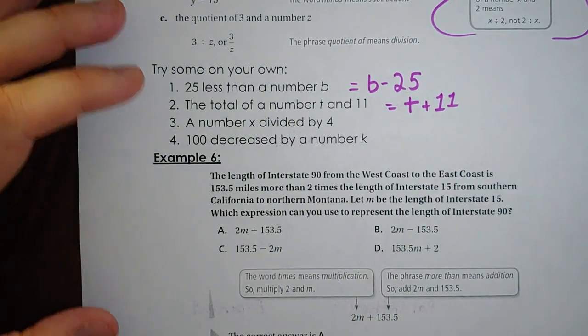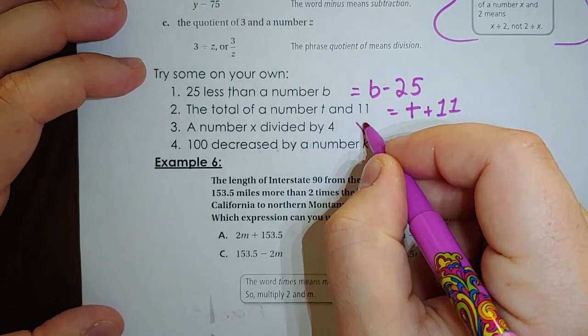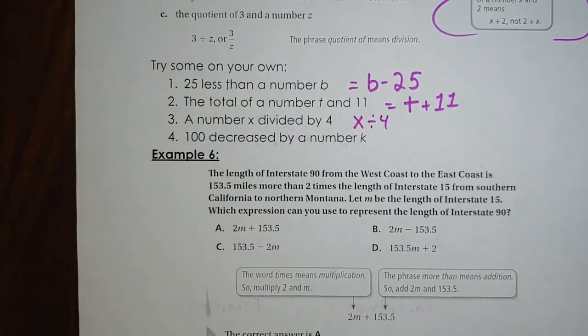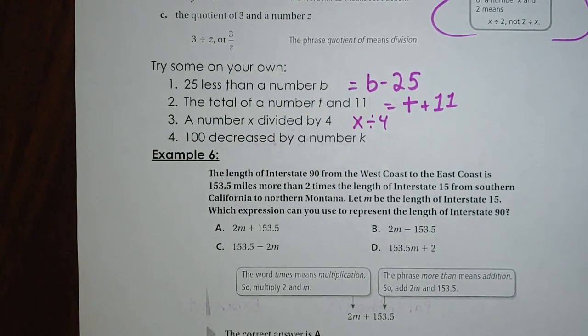It is just x divided by 4. Right now we're not solving for x. And I know that frustrates you. It frustrates a lot of people sometimes. But right now all we want to know is the expression itself. Okay?